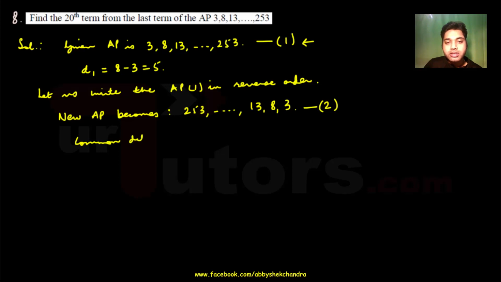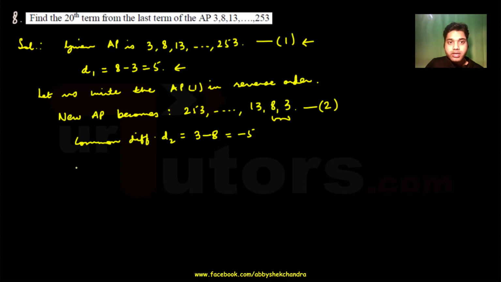The common difference of this AP will be the negative of the common difference D1, because it's written in reverse order. Or you can just take the last two terms and find the common difference. That will be -5.